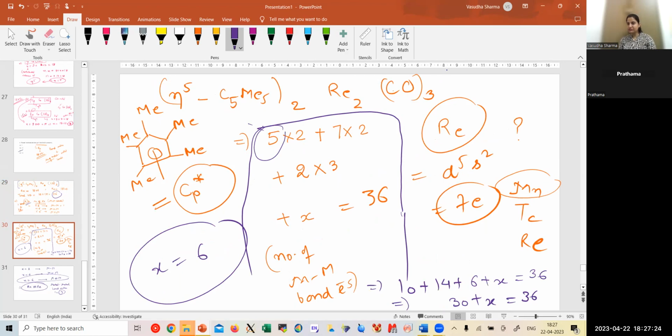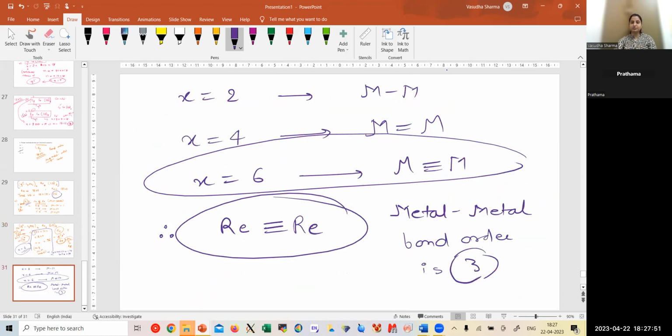Rhenium belongs to the manganese group, which has 7 valence electrons, so 7 into 2. Carbonyl gives 2 into 3. So 10 plus 14 plus 6 plus X. X is the number of bond electrons, which we have not known so far. We will get to know once the calculation is done, and it has to be equated to 36, not 18. Once we calculated, X comes as 6. So once X is 6, that means it is forming a rhenium-rhenium triple bond. Hope now this is clear.